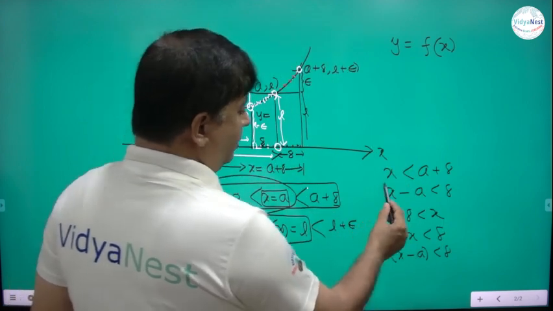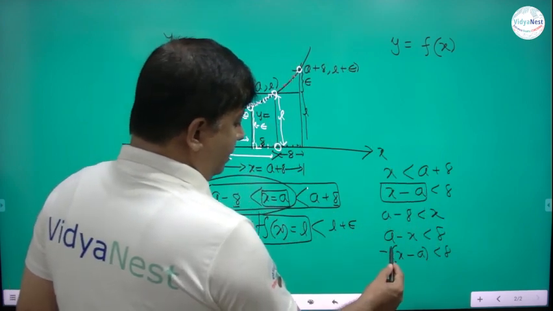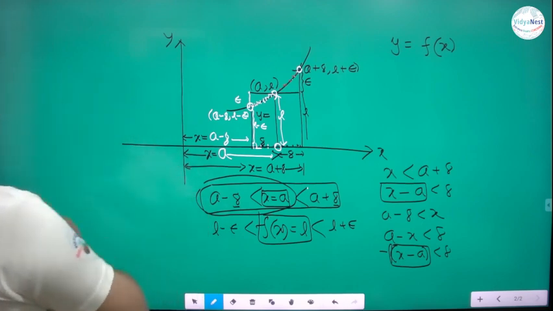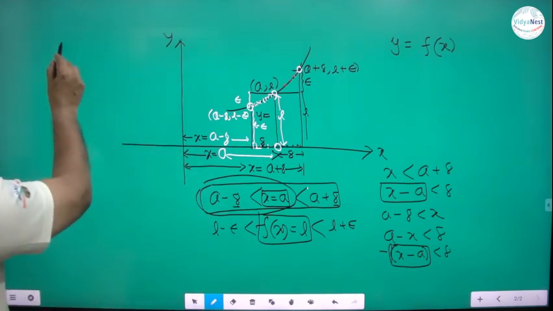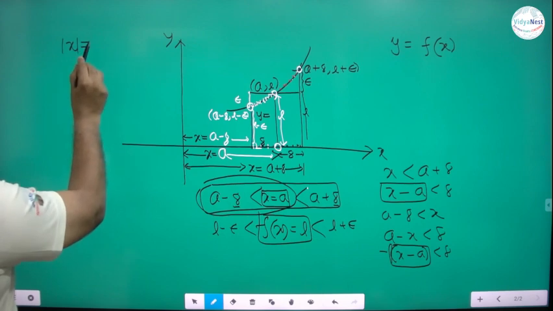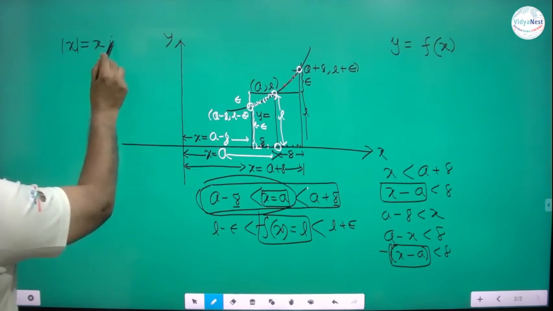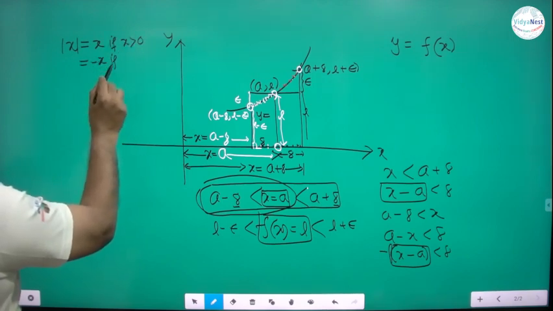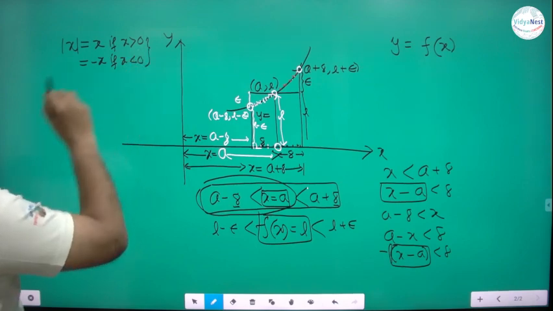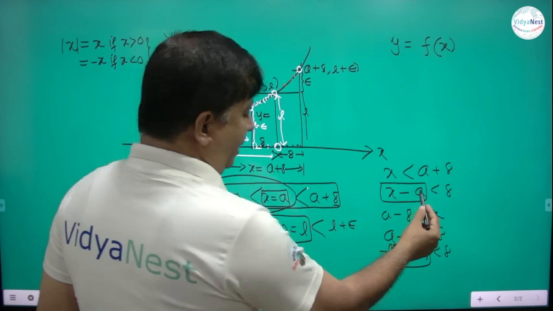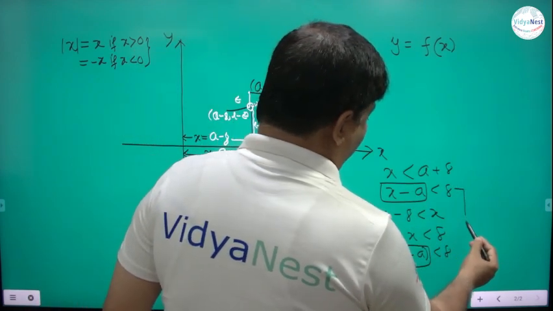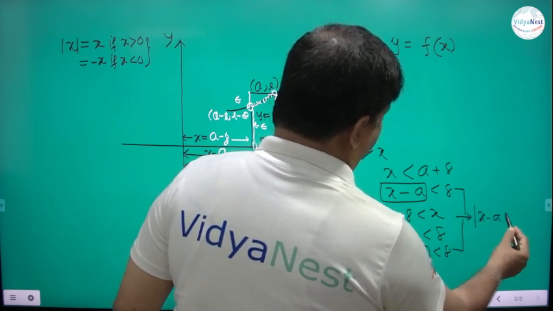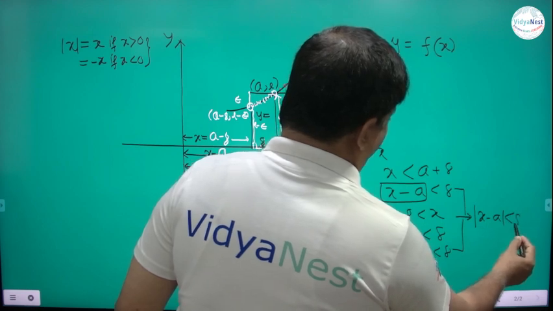So here we got plus x minus a, here we got minus x minus a. So just recall your memory. In function we got mod, the concept of mod. Mod x will be x if x greater than 0. Mod x will be minus x if x less than 0. So plus x minus a and minus x minus a combinedly give us mod x minus a less than delta.